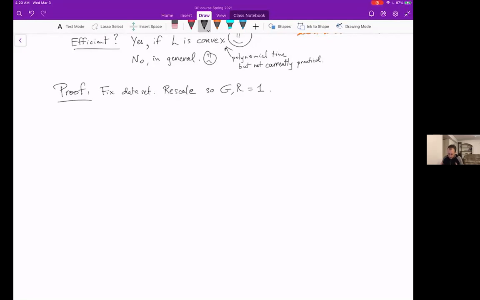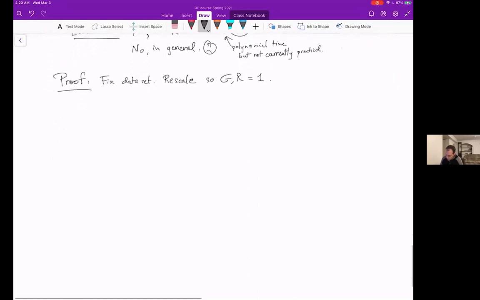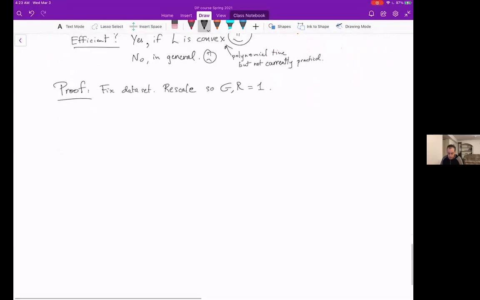When you undo the rescaling, you'll just reintroduce G and R in the right place in the bound. So I'm not going to work through that, but without loss of generality, we can take G and R to be 1 in the proof, and it's easier. Just fewer symbols floating around.